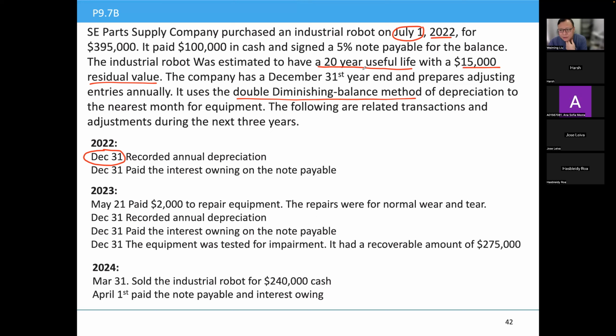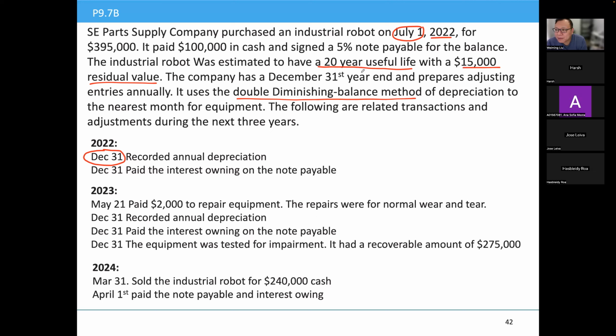Since it's 6 months, I should subtract the 5%. So you still calculate the annual, and then you prorate it using 6 months over 12 months, which is half. In your calculation, you still use the 10% depreciation rate, but then you make the adjustment for the proportion, which is 50%. That's for the timing proportion. Yeah, you are correct. Good job.